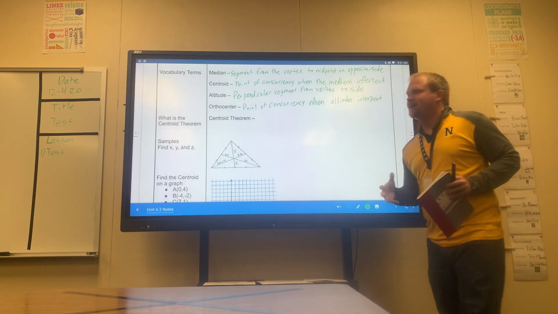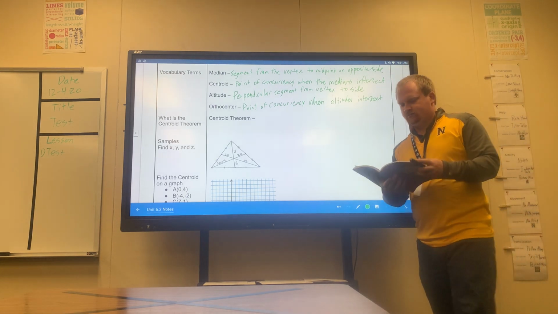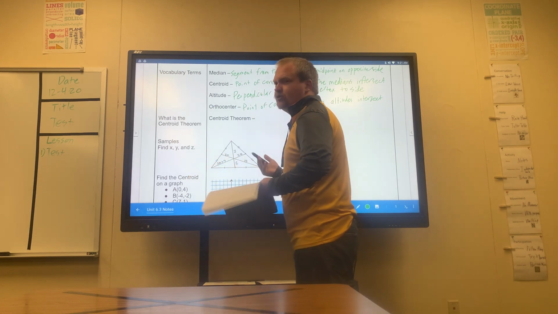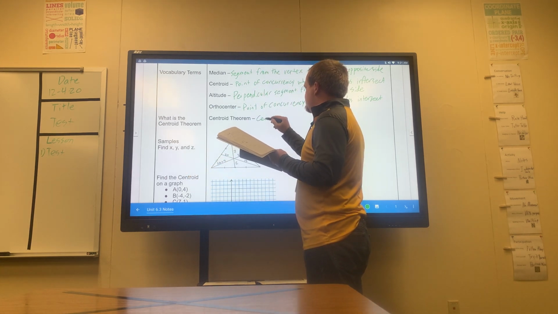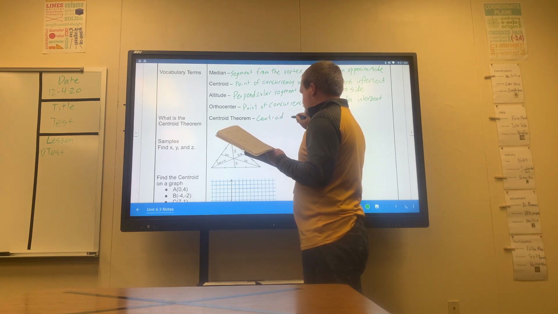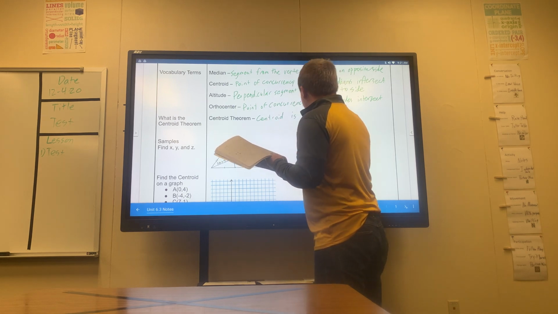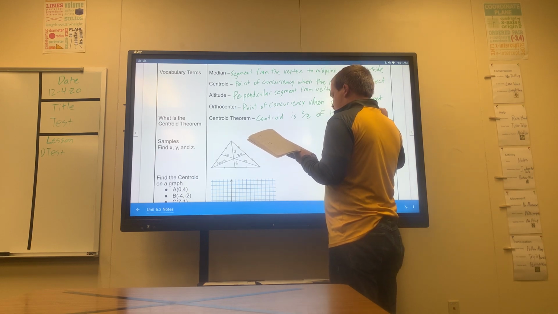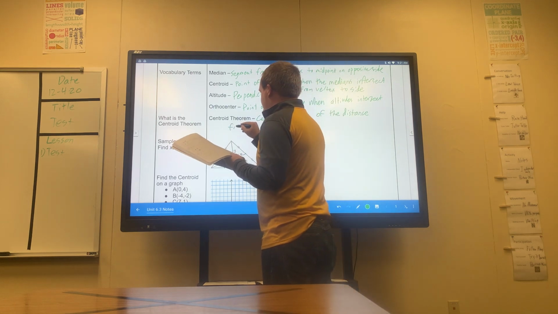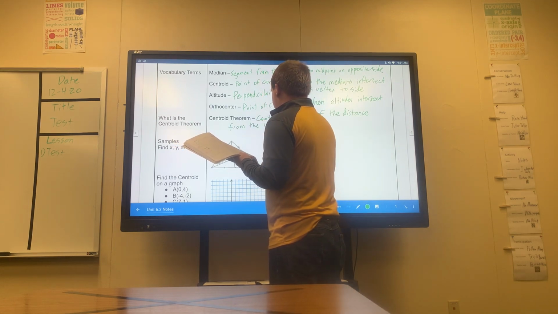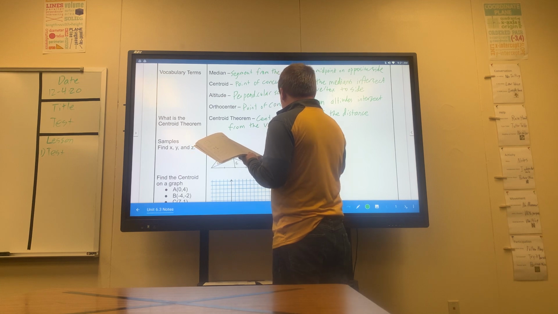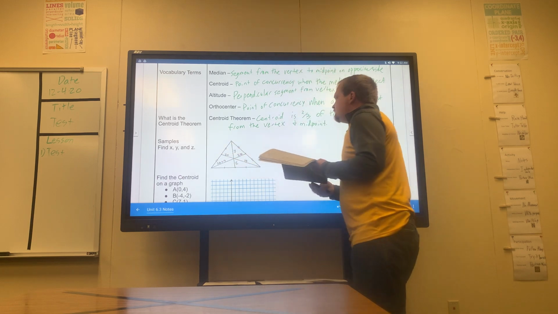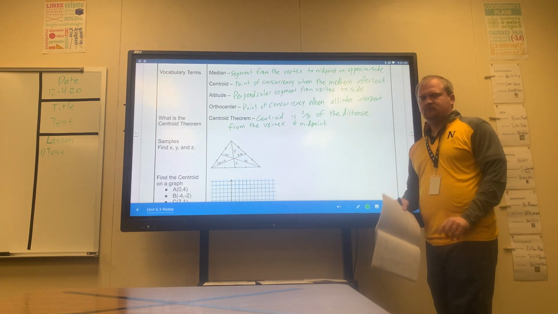Now there is something unique about centroids. The centroid theorem states that the centroid is 2/3 of the distance from the vertex to the midpoint.